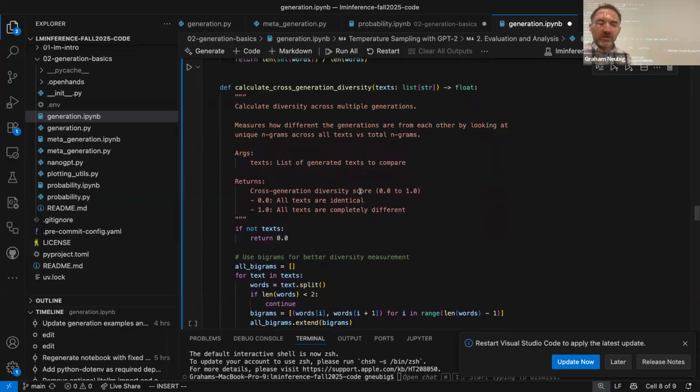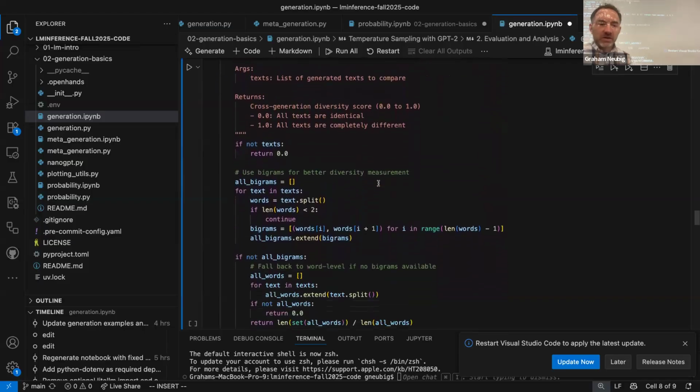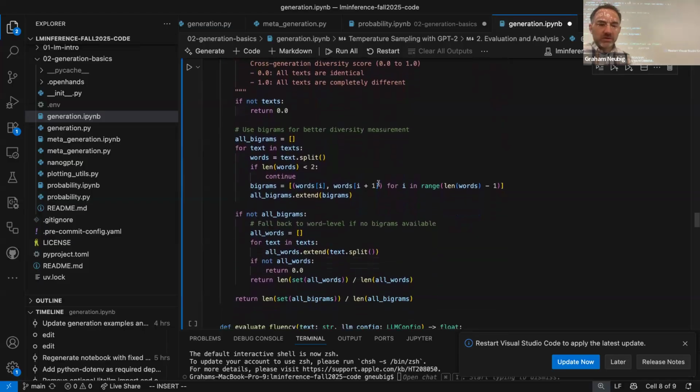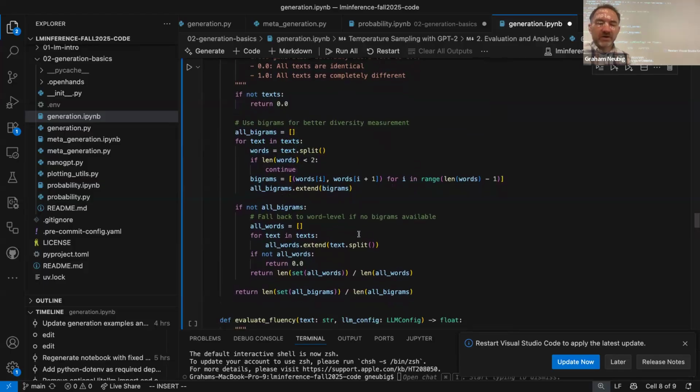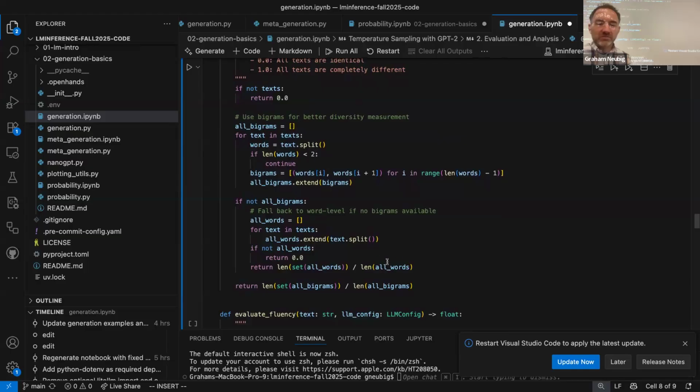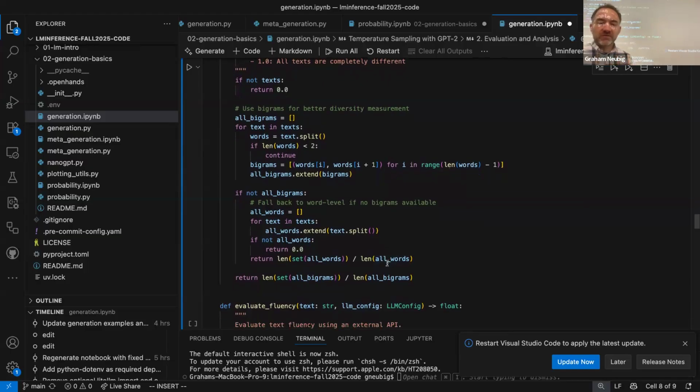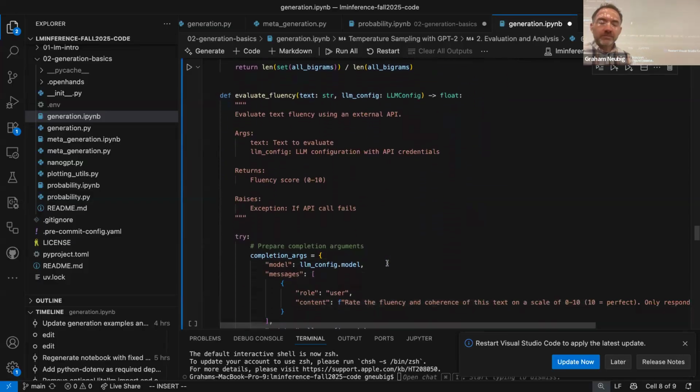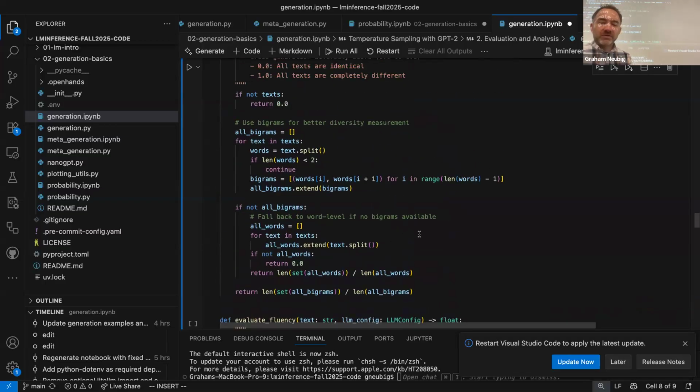And then for the cross-generation diversity, I'm going to find the overlap of words or bigrams between the two outputs. And if there's less overlap, then it will be more diverse.